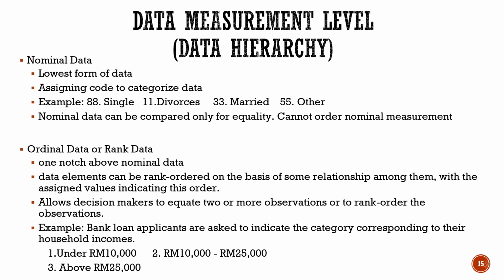This nominal data can also be coded. For example, let's say I use code 88 to represent the single category, 11 to represent divorced, 33 representing the married category, and 55 representing the other category. The numbers used as codes in this type of variable cannot be analyzed.